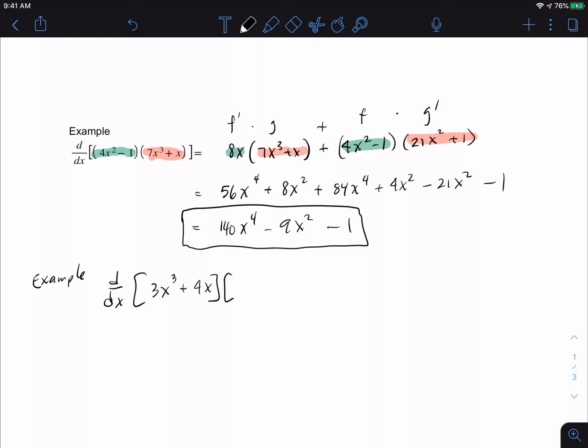times 2x squared plus 3x. All right, try that one.